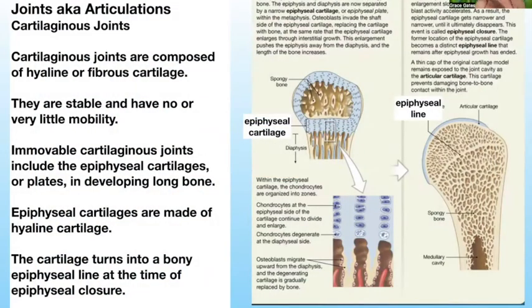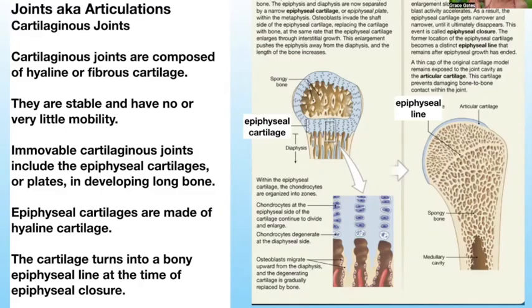Okay, cartilaginous joints. So cartilaginous joints are composed of either hyaline or fibrous cartilage. They have either no mobility or partial mobility, and they're stable joints. So our example of an immovable cartilaginous joint is the epiphyseal cartilages or epiphyseal plates in developing long bone. The joints are in there connecting the diaphysis to the epiphysis of the bone, but we do not expect them to move in relation to each other, all right?